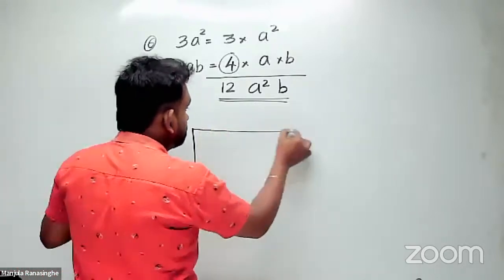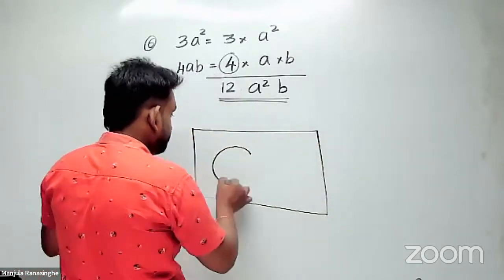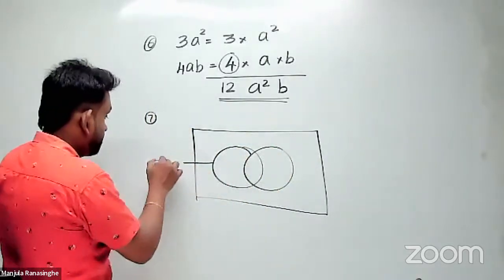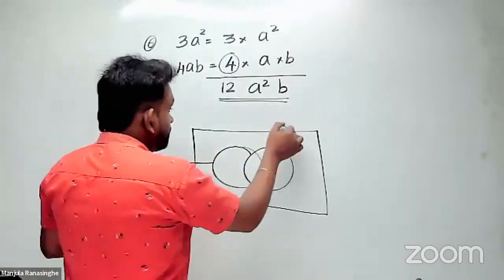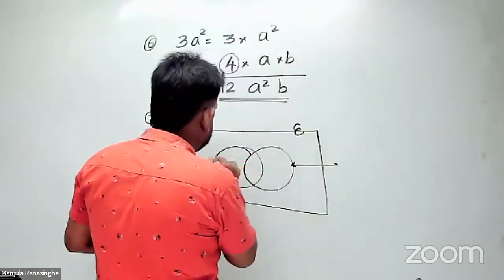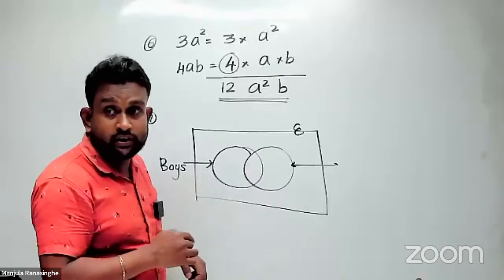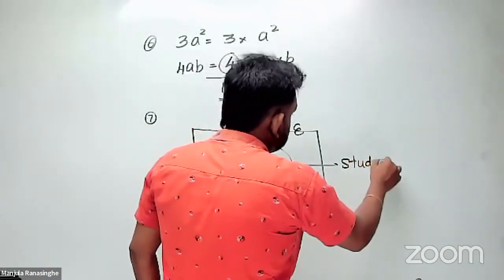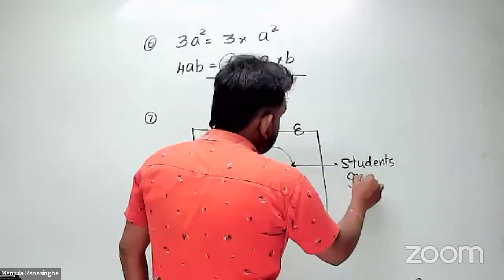So we have two sets. The first set says the boys, and this is the universal set, and this is the students greater than 15 years.